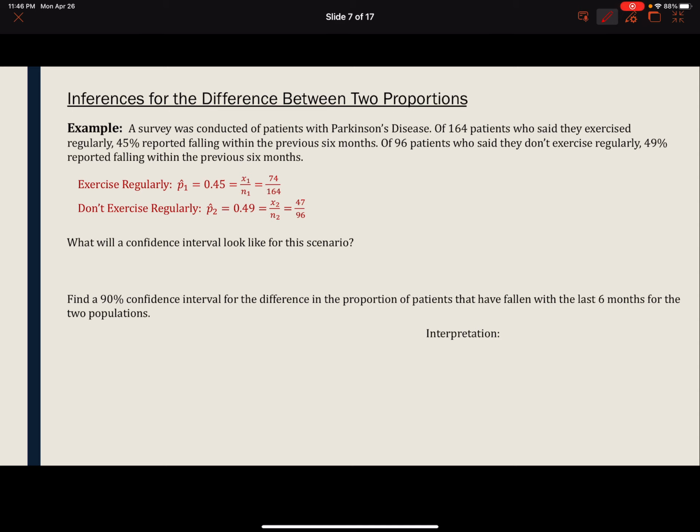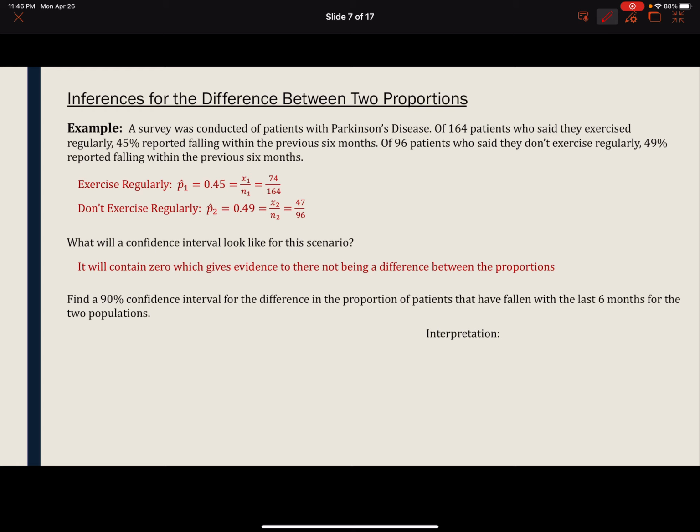We found that from the hypothesis test. We failed to reject the null, so we know that there's no difference between the population proportions. If there's no difference, that would mean that when we subtract them, we get 0. So it means that when we find this confidence interval, we are going to see that 0 is in the interval.